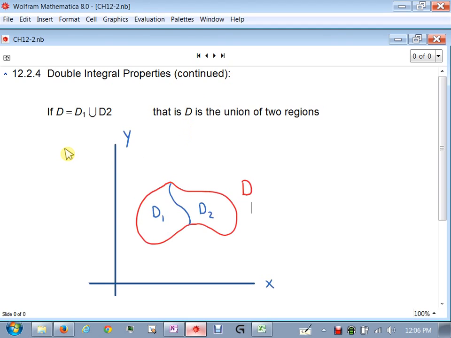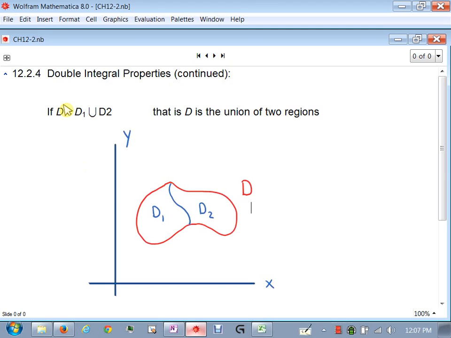If you have a region, capital D, that you can break up into two separate regions so that the union of those two regions equals D. So you take this set D1, take the set D2, take their union.